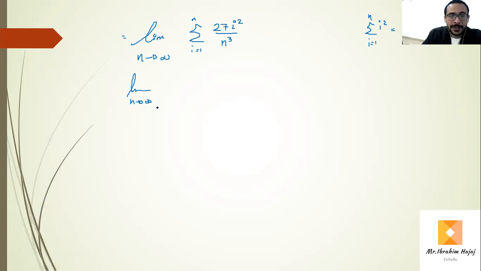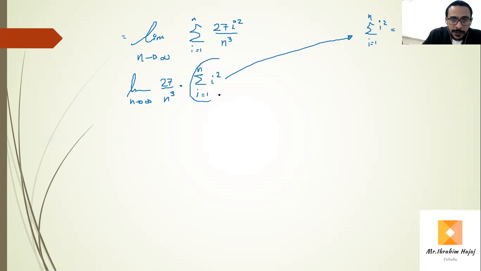You can write it as the limit of 27/n³ multiplied by the summation from i=1 to n of i². Separate them. And then replace the summation of i² by this value, so we get rid of the summation. Yes, it's complicated.